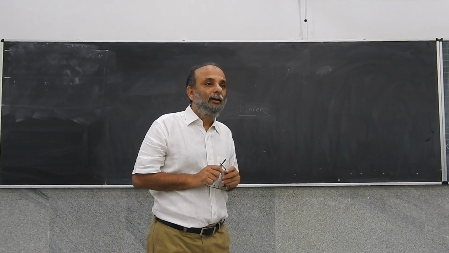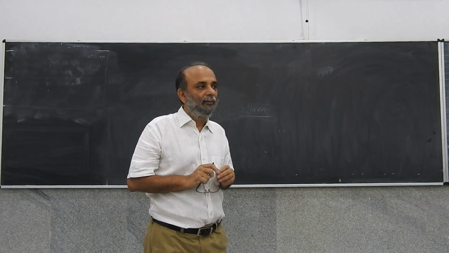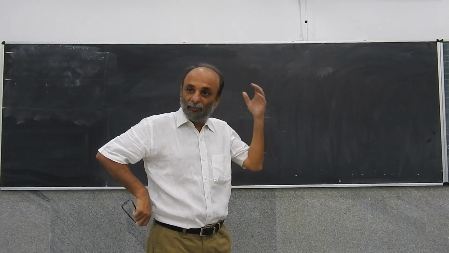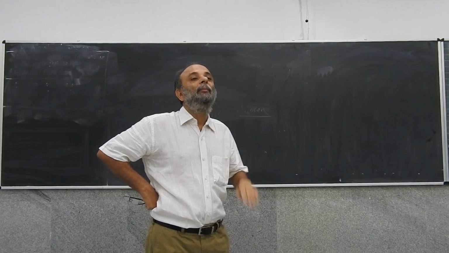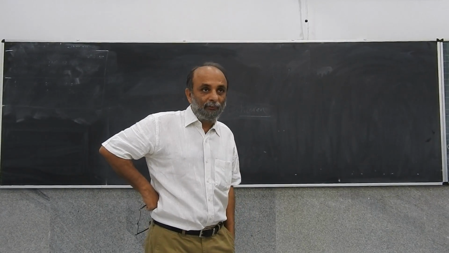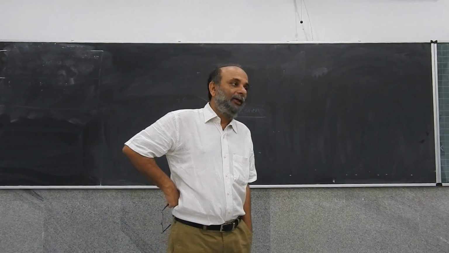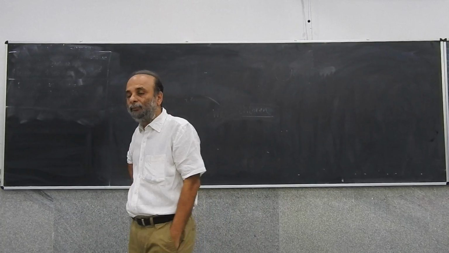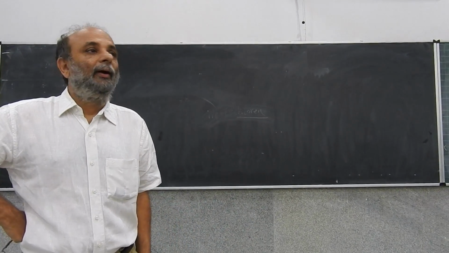So far, we dealt with asymmetric information in a different format. We said we have a principal agent kind of a problem where we set up an optimization problem for the principal and imposed two constraints on the agent. One was the participation constraint, right?